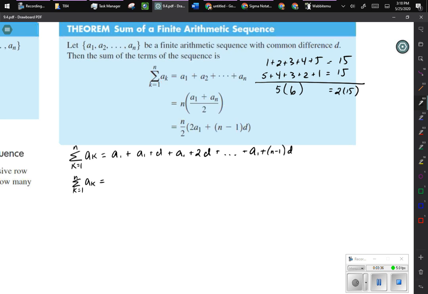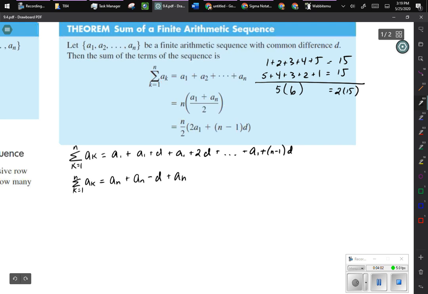But instead of starting with a sub 1, right, like over here, I started with the last number. So in this case, the last number would be written as a sub n. And then the next number after that, going backwards, would be a sub n minus d, right? Because you're going down by the common difference.